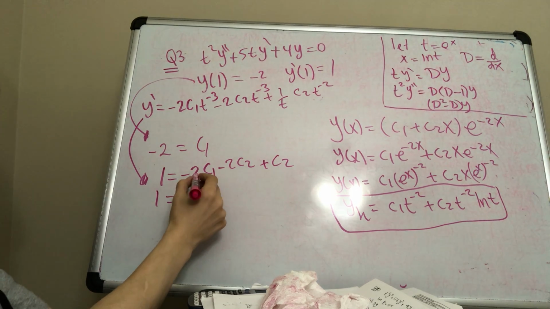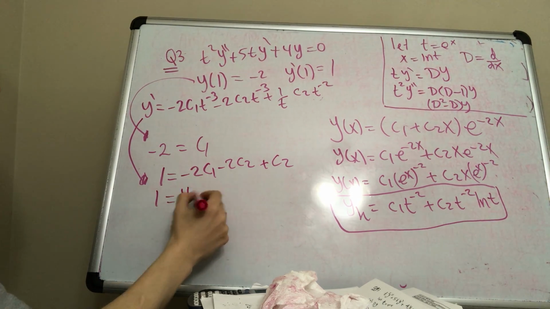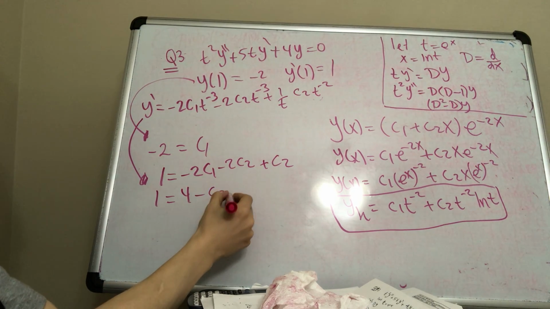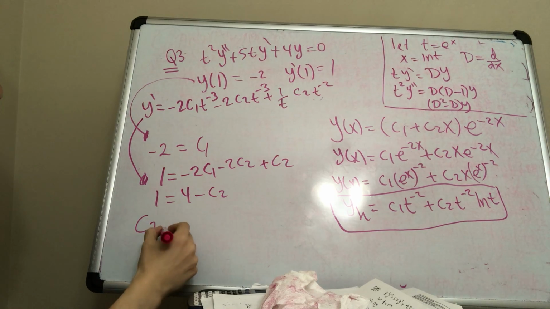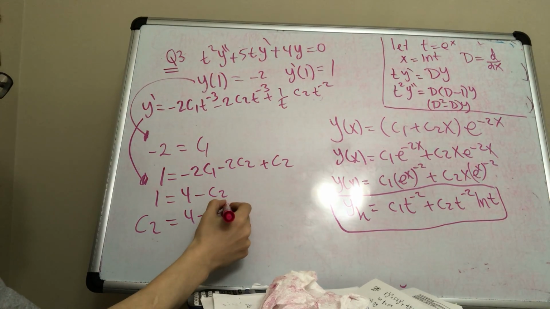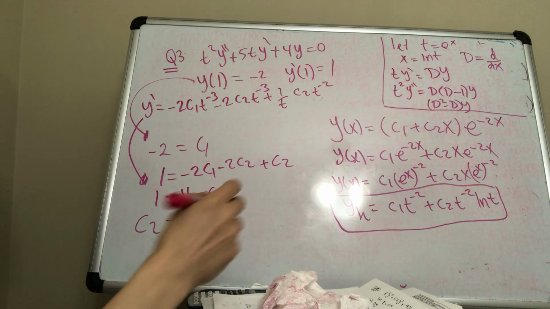That's 1. c1 is minus 2. Minus 2 times minus 2 is 4. And this minus this will be minus c2. Bring the c2 over, bring the 1 over. Your answer would be 3. So once you have what c2 is, you're ready to find the final solution.